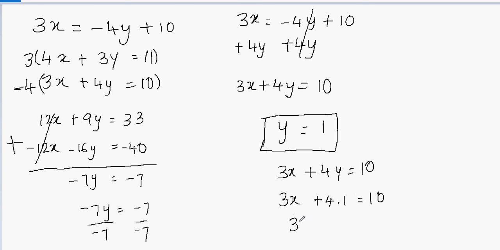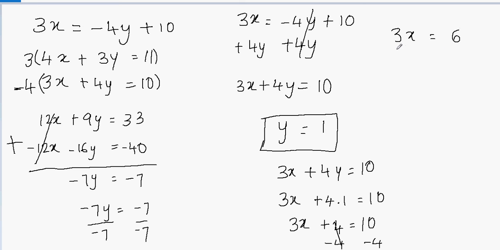And this is 3x plus 4 is equal to 10. Since you want x by itself, we'll have to eliminate 4 from the left-hand side. So we'll subtract 4 on both sides, and we'll get 3x. Positive 4 and negative 4 will cancel out each other. On the right-hand side, I have 10 minus 4, which is equal to 6.